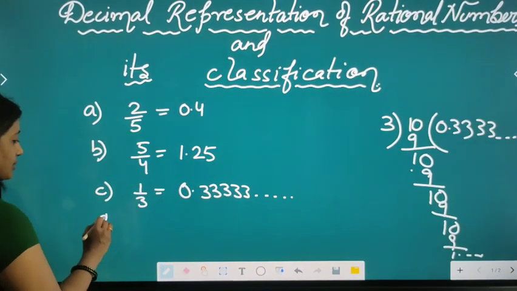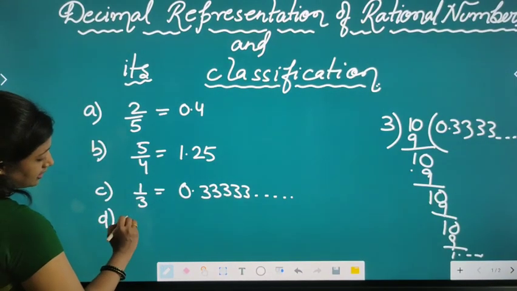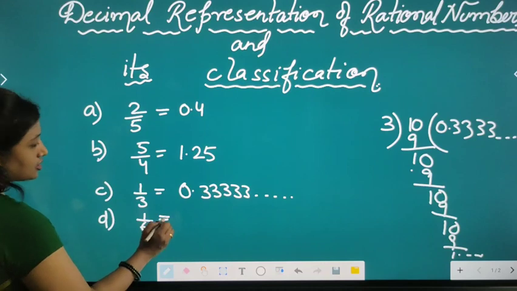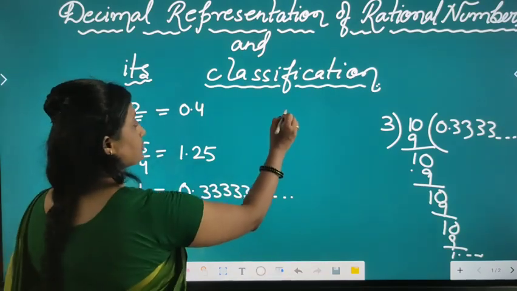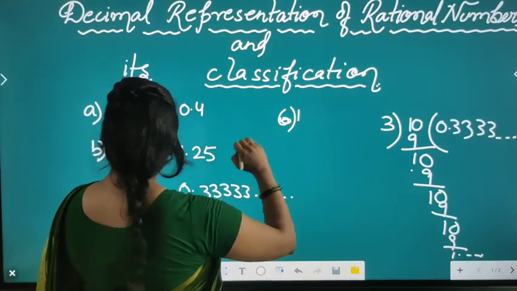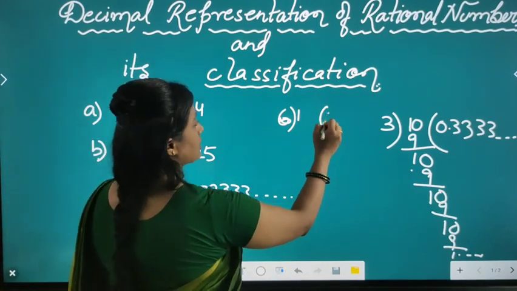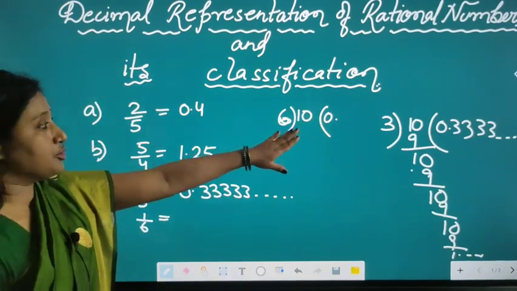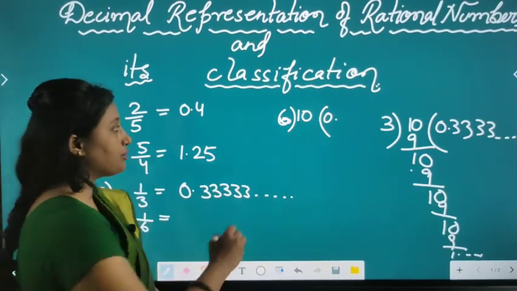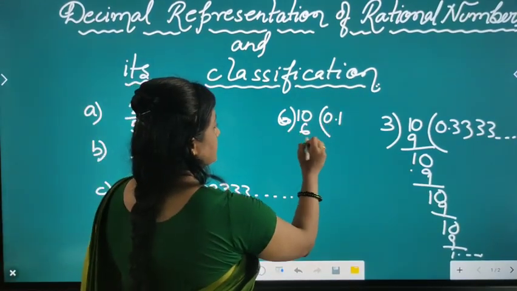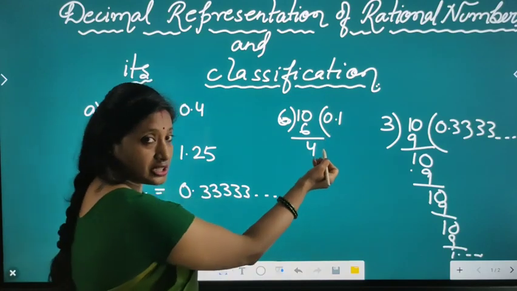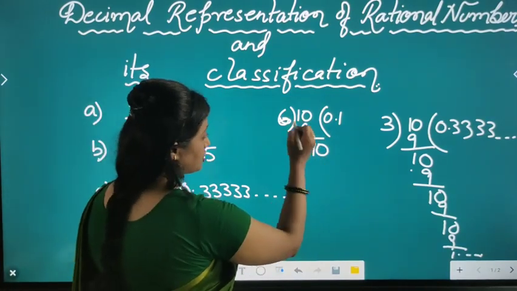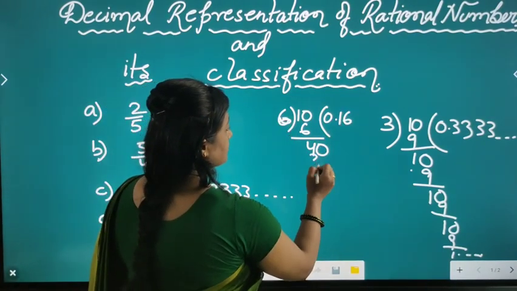Next, one more example. Suppose I am writing 1 by 6. Look at what we will get. Just divide 1 by 6. So here 0 point. Since I have given the decimal, we can put 0. 6 ones are 6. This is 4. I have given the decimal, so we can write 0. 6 sixes are 36.